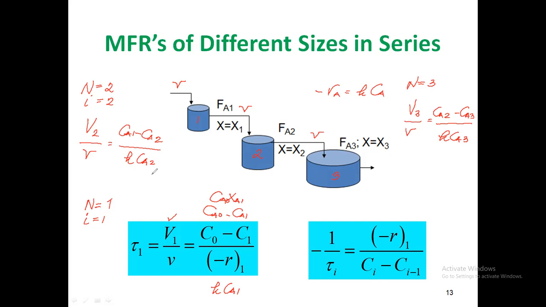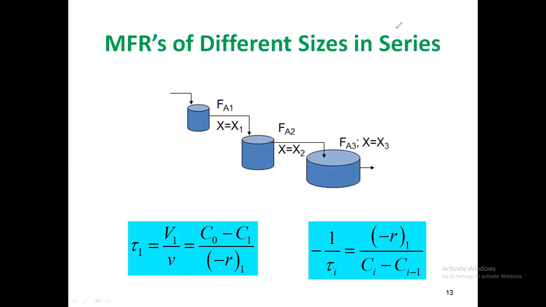I hope everything is clear, because oftentimes this is where the majority of the students commit errors, in terms of the rate and also in the numerator, the way they subtract the concentrations. The left side is so easy because you only have the volume and the volumetric flow rate to consider. Let me clear this if there aren't any questions, and we'll proceed.